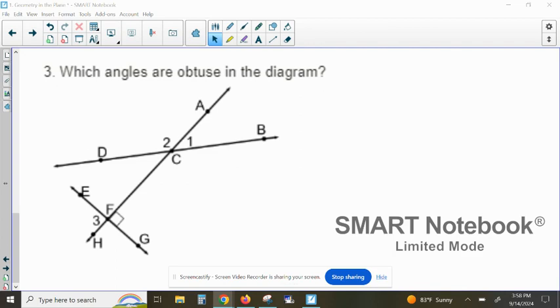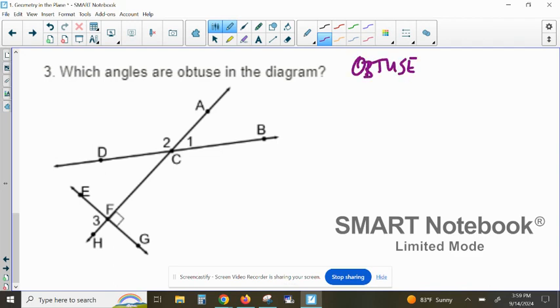Number 3 says, which angles are obtuse in this diagram? So if you check out your notes, remember that obtuse means that it is greater than 90 degrees, but less than 180.